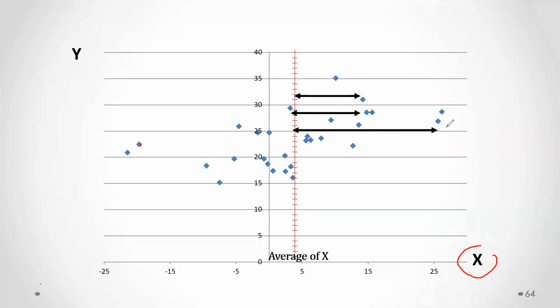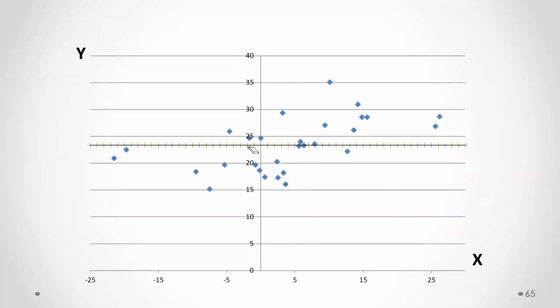So this means that for the right-hand side area, they have positive deviation of x. This is for x. And for the left-hand side, they have negative deviation. I mean, in terms of the x variable.